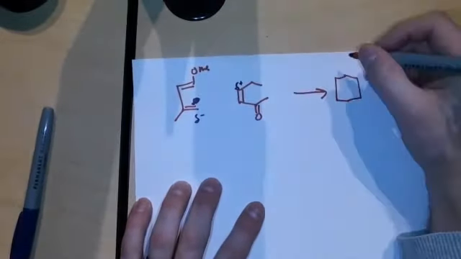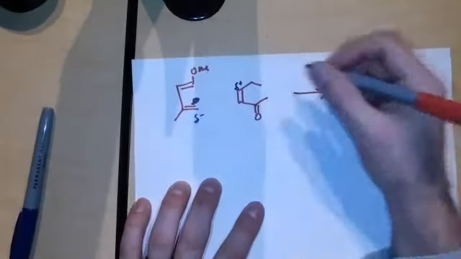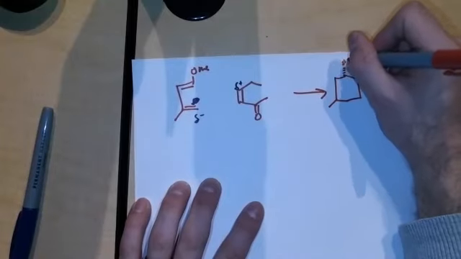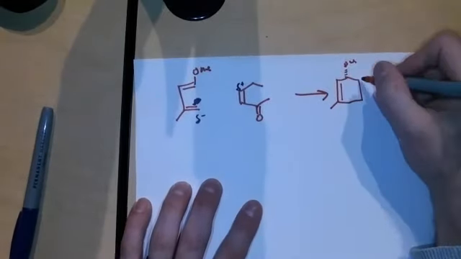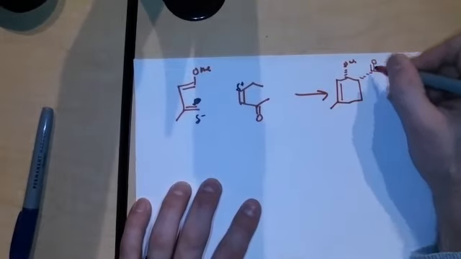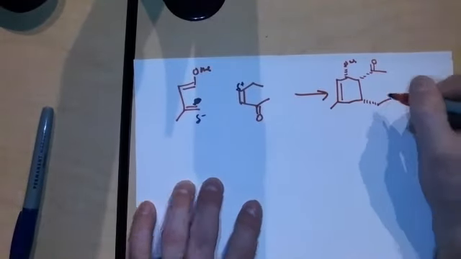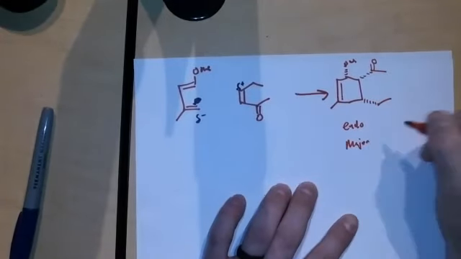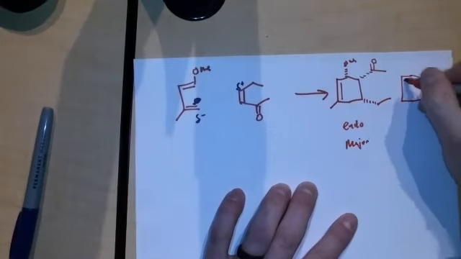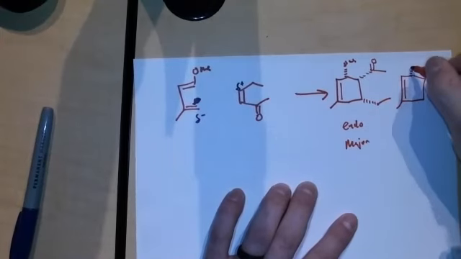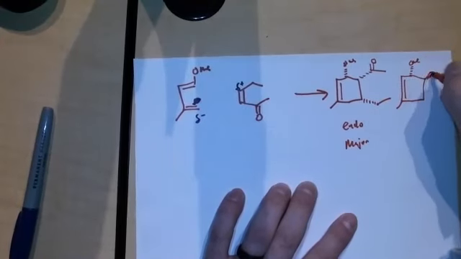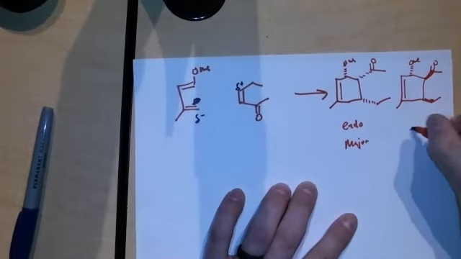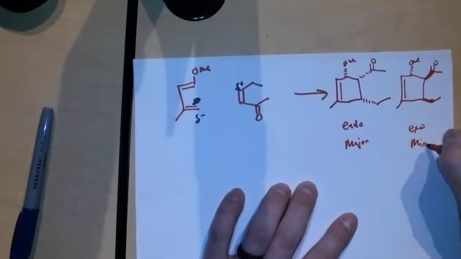Where this carbonyl is now on the top, this got pushed outward. So OMe. I can draw my endo product, or I can flip those to wedges for my minor exo product.